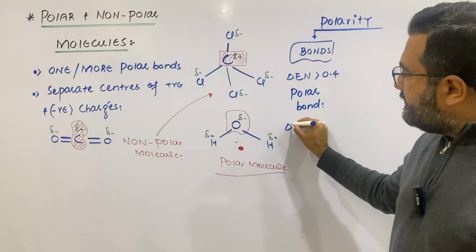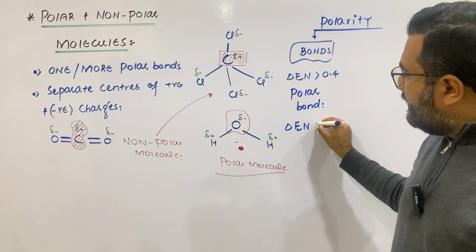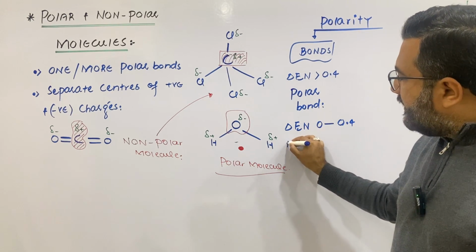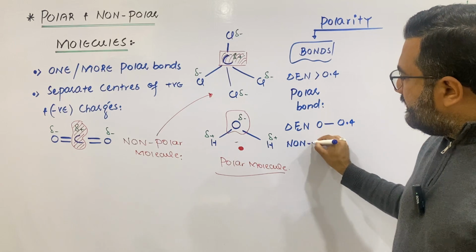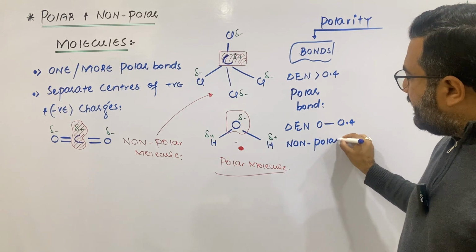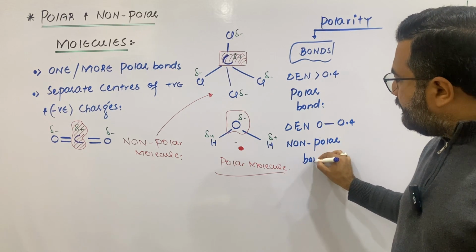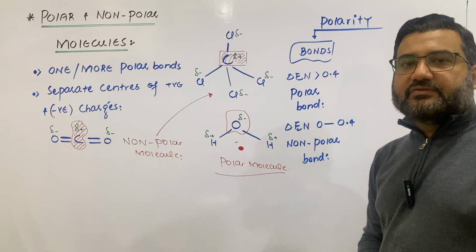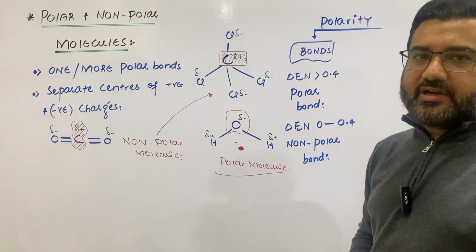And if the difference of electronegativity lies somewhere between 0 to 0.4, then that bond will be called a non-polar bond. So what I want to say is that the polarity of a bond is totally related to the difference of electronegativity of the bonded atoms.